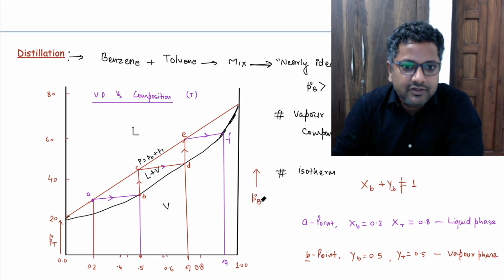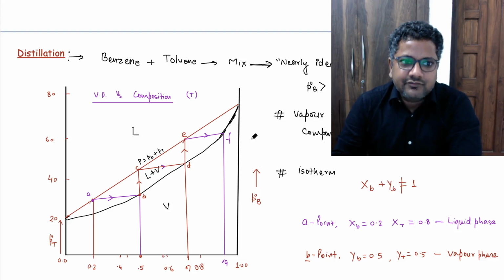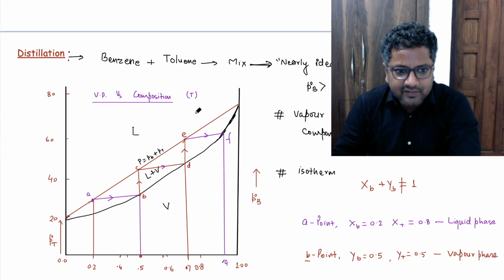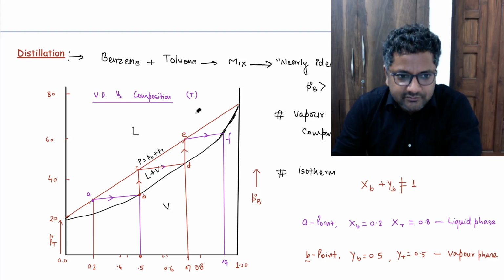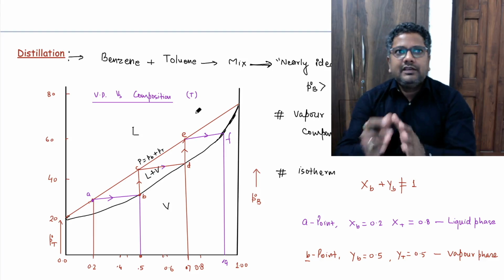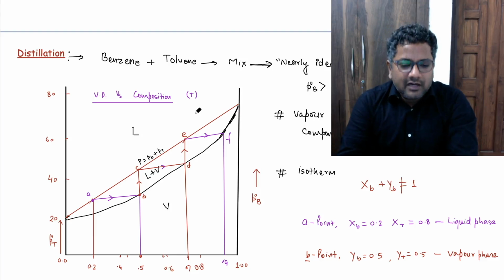But as I have told you, in practice we usually do not prefer this type of distillation at constant temperature. I am not saying that we cannot do it, but we prefer constant pressure, because maintaining a constant pressure system is much easier than maintaining a constant temperature system. So we always prefer a constant pressure system for distillation, right?